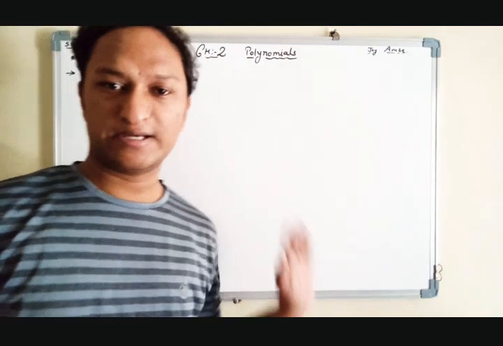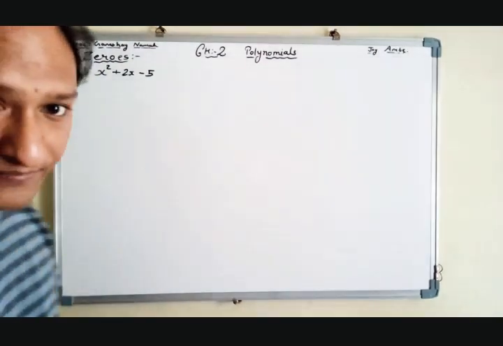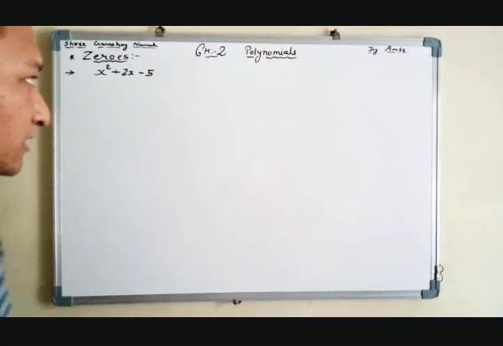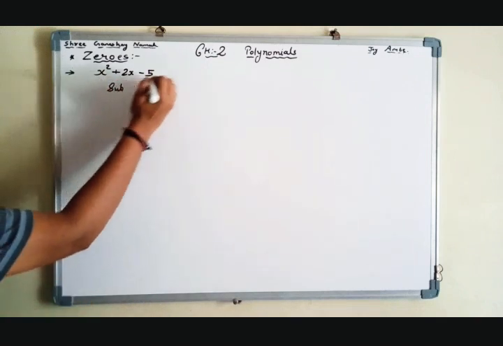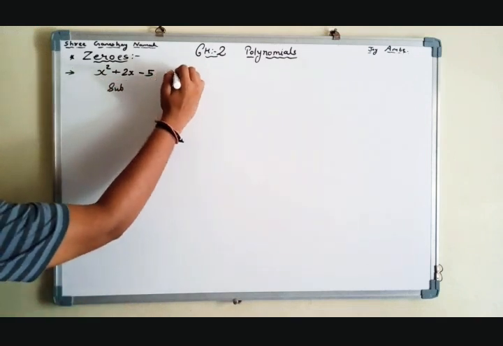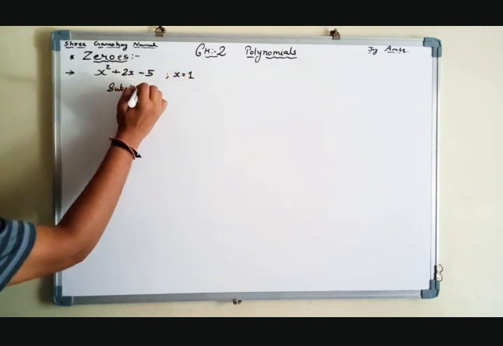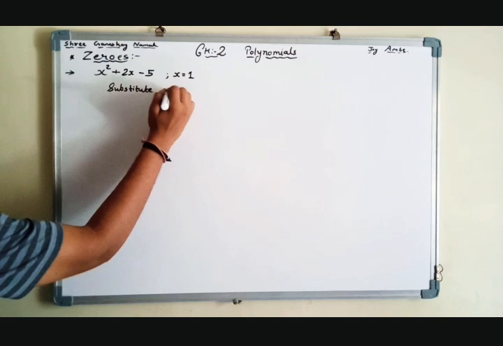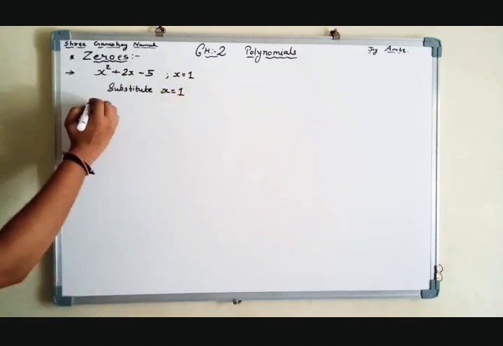It is a quadratic polynomial, of course. If we take this polynomial at x equals 1, that means substitute x equals 1. So what will we get?